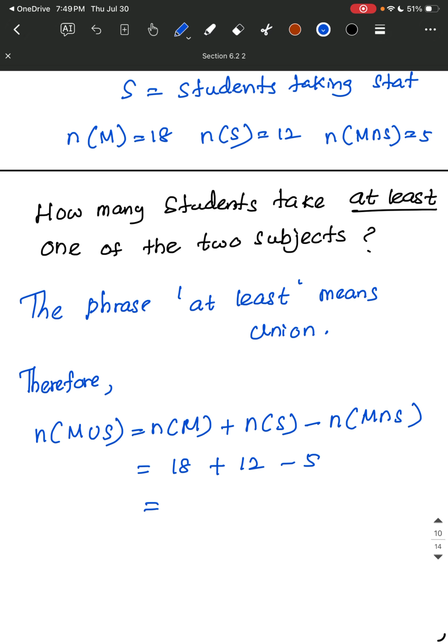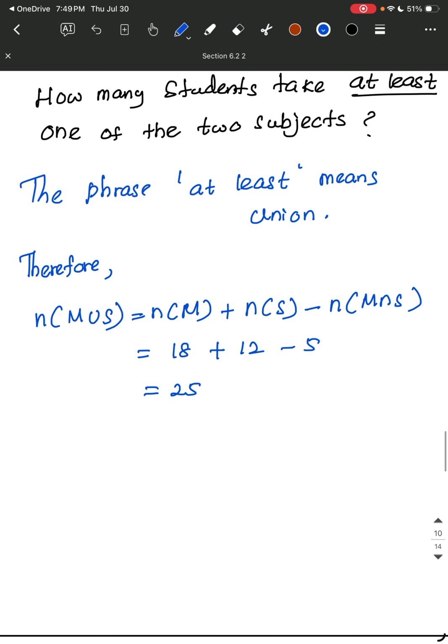So 25 students take at least one of the two subjects.